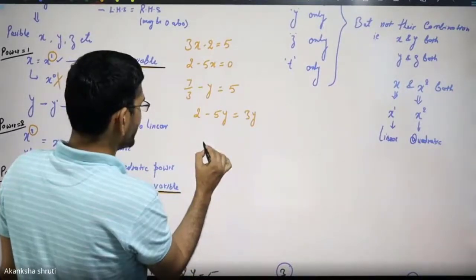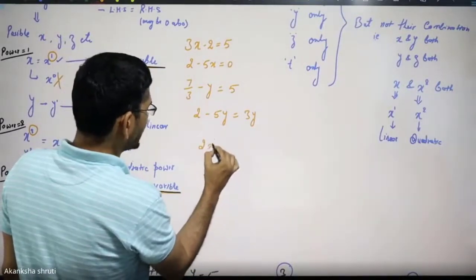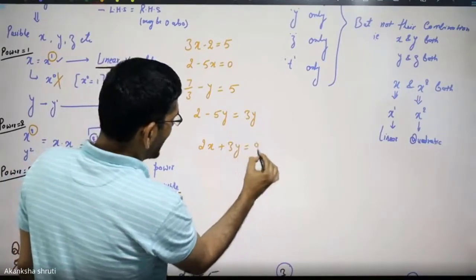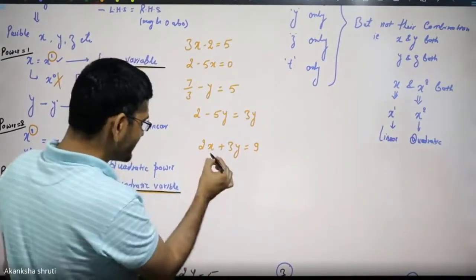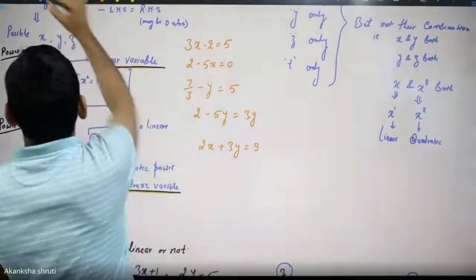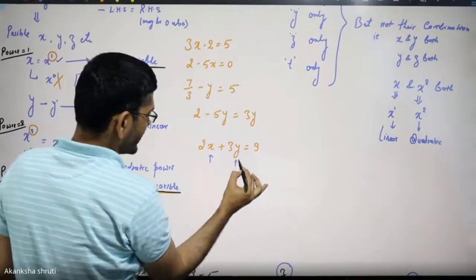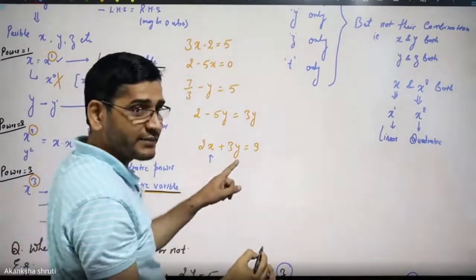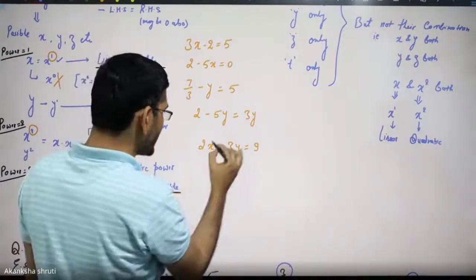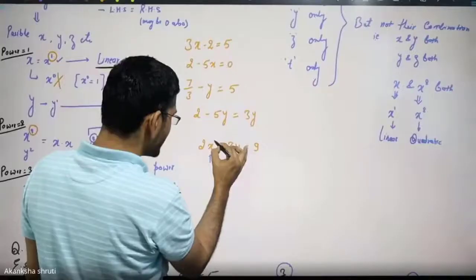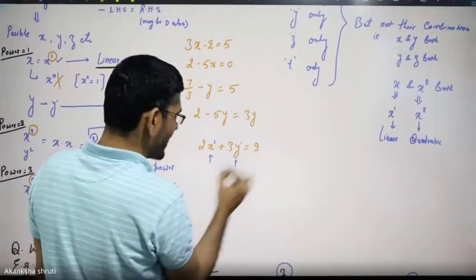Students, if we are taking 2x plus 3y is equal to 9, then we have the variables x and y, so it gets converted into two variables. But whether it is linear or not, by observing their power, we get that here the power is 1, here the power is 1.